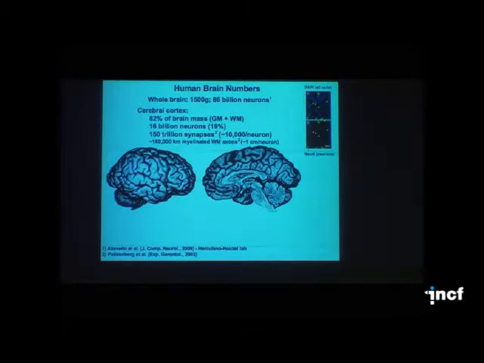It's got some 150 trillion synapses and 160,000 kilometers of axons lurking in there. The cerebellum is tiny, but contains 80% of the neurons, and the rest of the brain contains a mere less than 1% of the neuronal count.